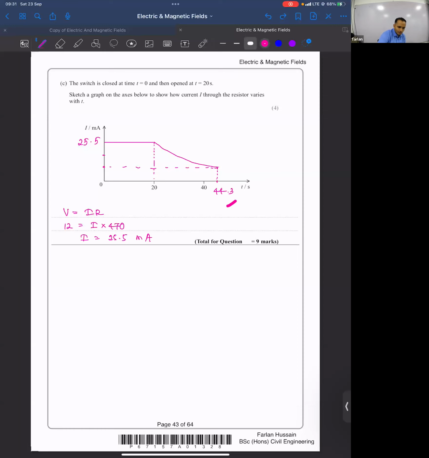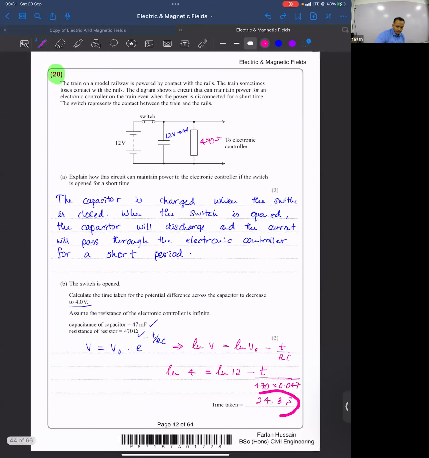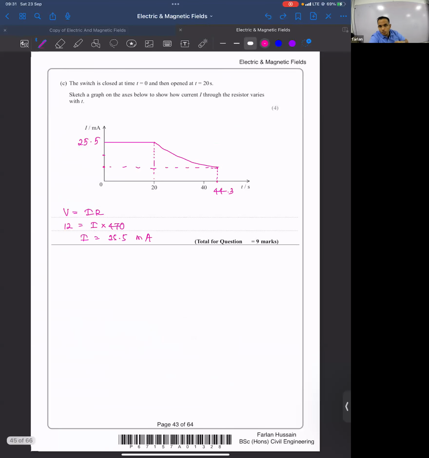This 44.3 seconds, I got it from the previous part, where we did a working and got 24.3 seconds. That 24.3 seconds is the time taken for the voltage to come to 4 from 12. 12 to 4 means 1/3 of the initial value. So when the voltage becomes 1/3, current will also become 1/3 through the resistor.